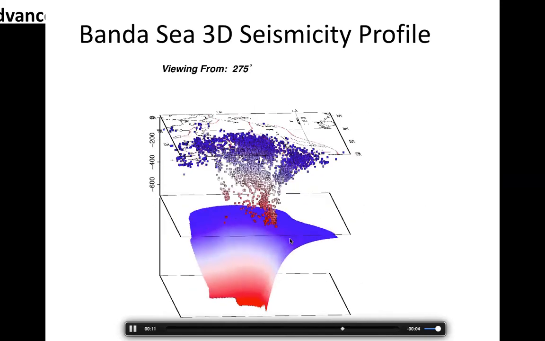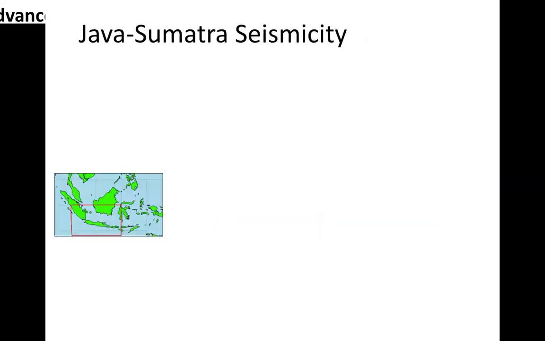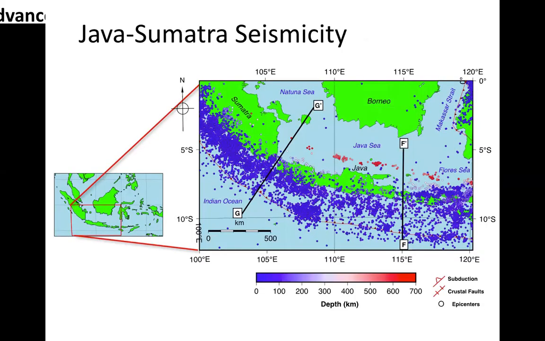And when we begin moving farther to the west, subduction geometry simplifies greatly. So moving to the west, here we have southeastern Sumatra and Java. So here, subduction is fairly easy to visualize now.